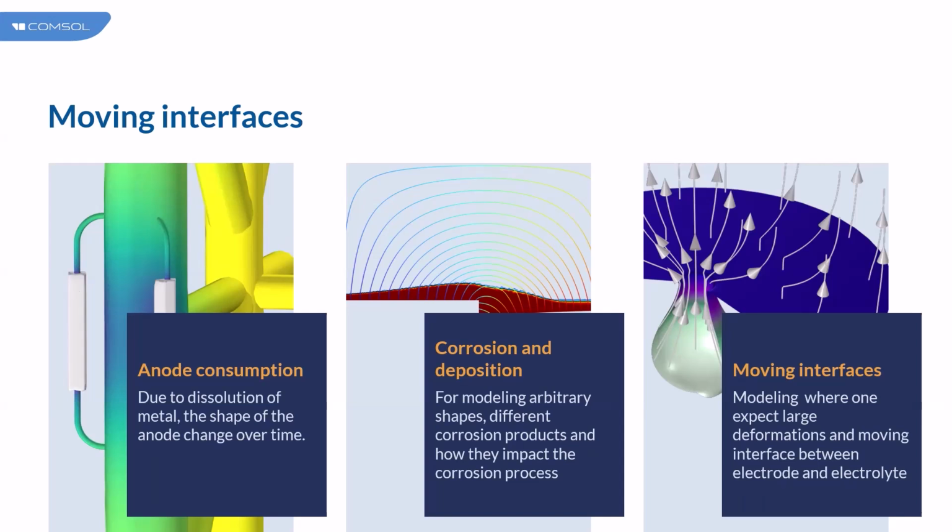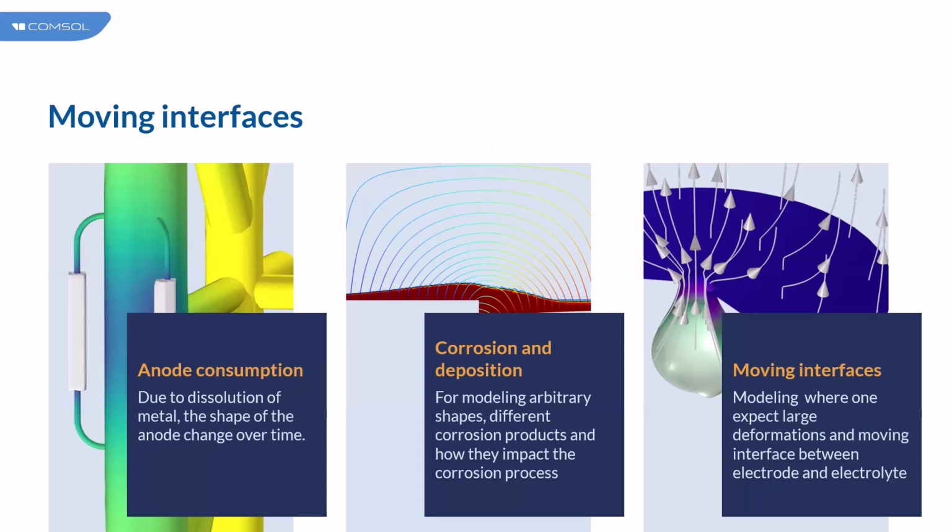In modeling corrosion and deposition, you can model arbitrary shapes and different corrosion products and how they impact the corrosion process. Also modeling where one expects large deformations and moving interfaces between the electrode and electrolyte, such as in this pitting corrosion example.